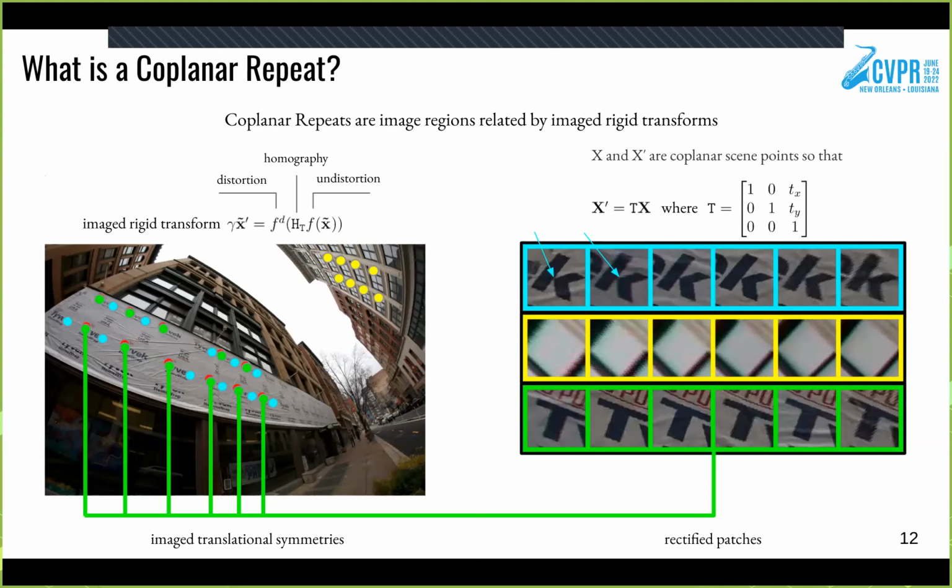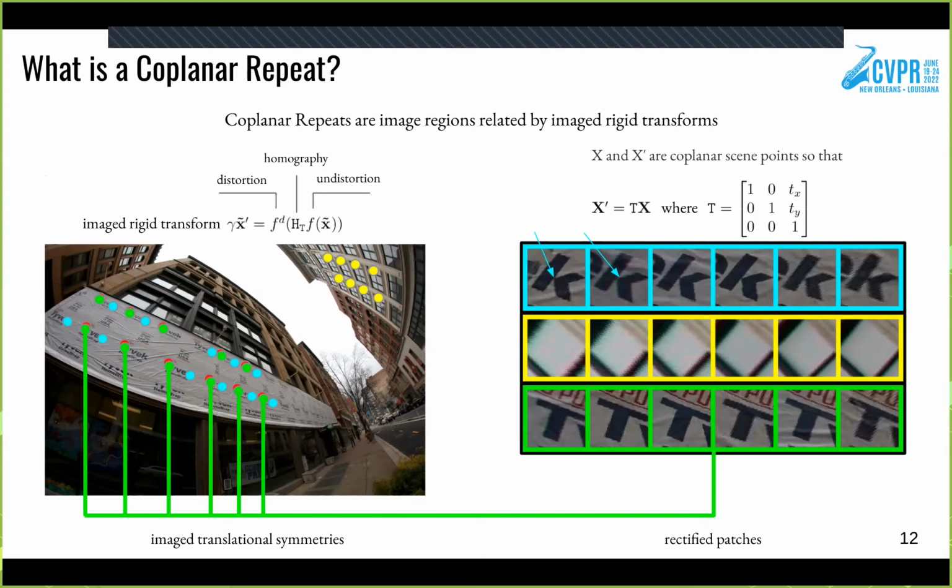What I've defined here is an image rigid transform, which will be the geometric verification that this is a repeat. It is a composite function of a distorted point. You have a distorted point, and you have the function f, which is undistortion, or it could be back projection if you were more general. A lot of the formulations in the presentation, although not all of them, can be equivalent for an undistortion or back projection function.